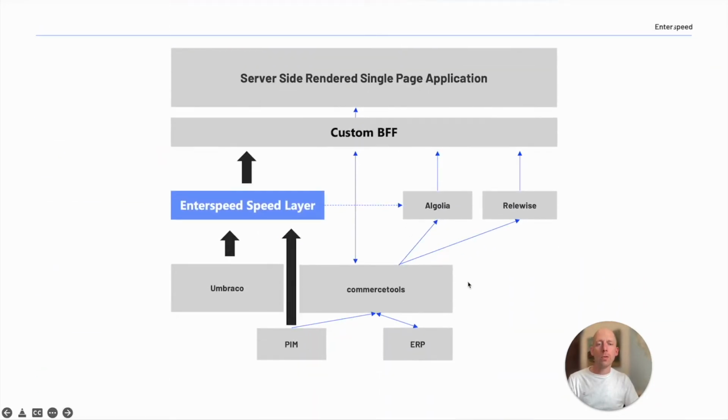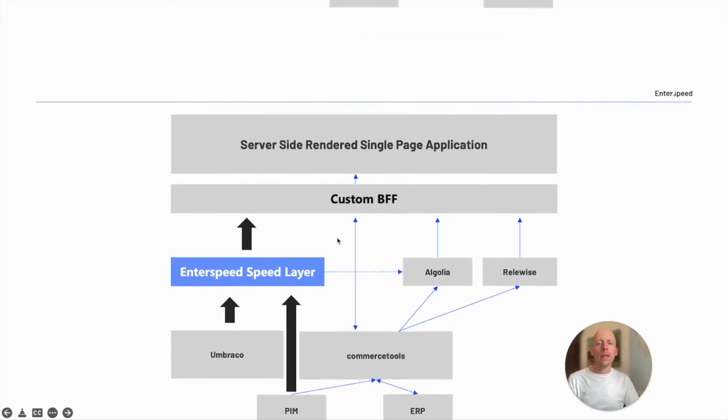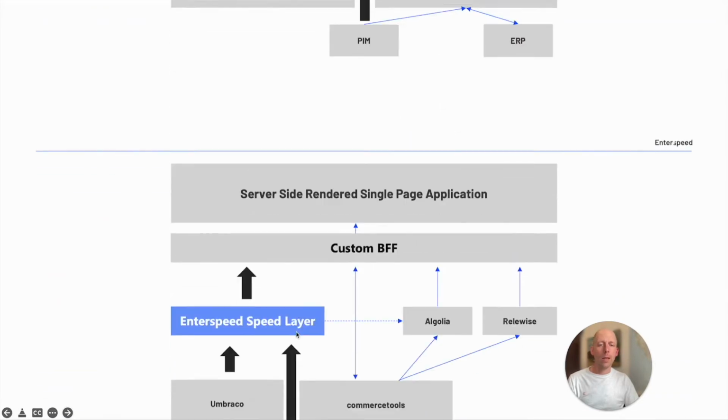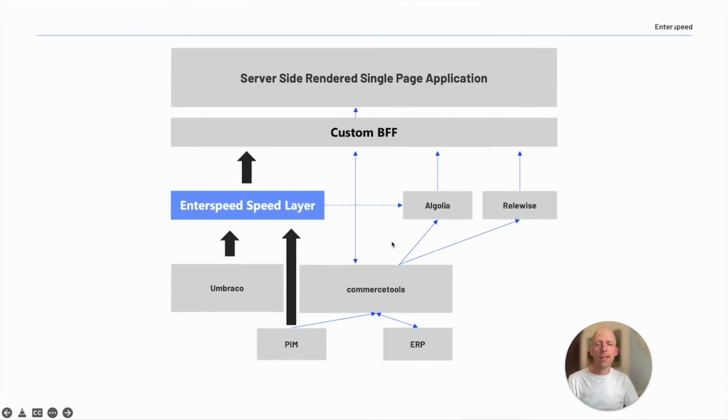Putting this into more context, we see Enterspeed as the glue that pulls all of the different pieces together in your architecture. Another possibility with Enterspeed is to send the data to Algolia, and then you can use Algolia for indexing.